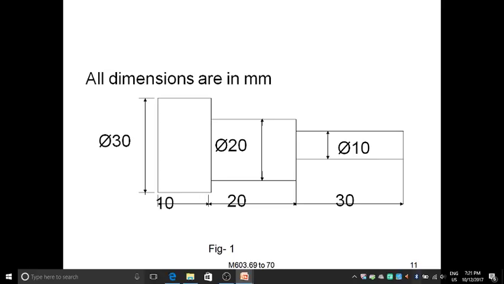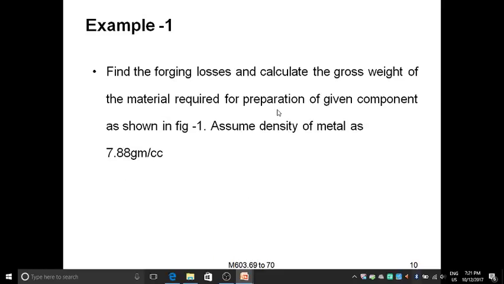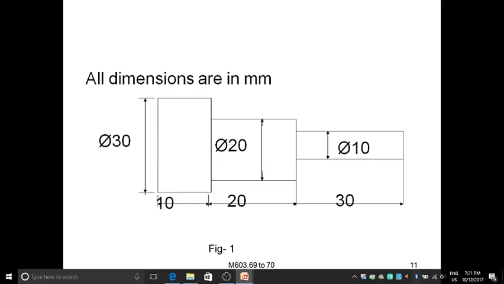Now you can see this figure. This is exactly the object that we need to forge. It is a single object, so find the forging losses and calculate the forging weight. The density is given and all the dimensions are in millimeters.